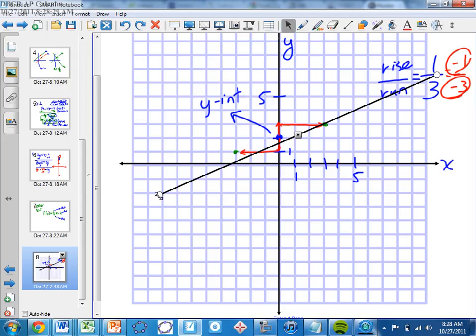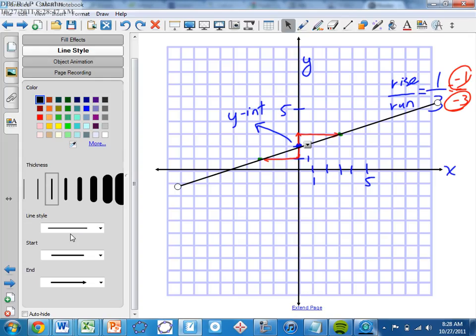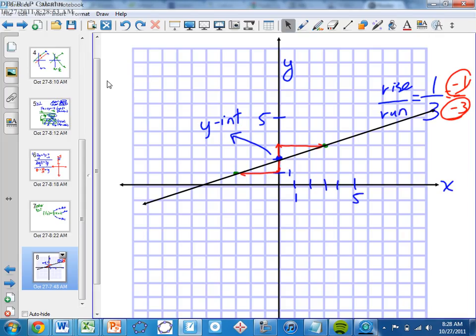Here we go. A little bit more. There we go. And it's a line, right? So the starting value should also be an arrow now. Okay? So again, we connected with a line.